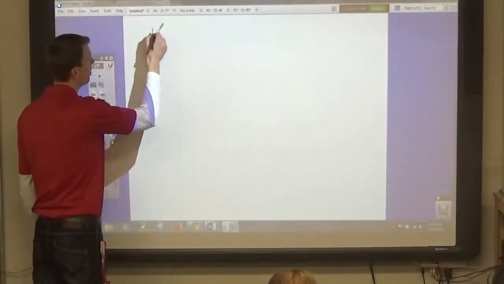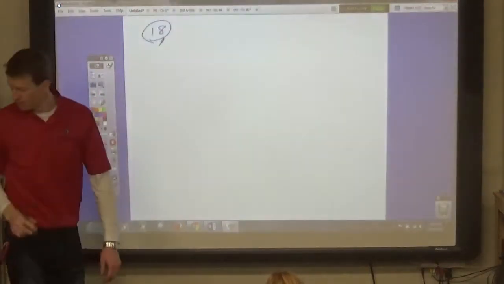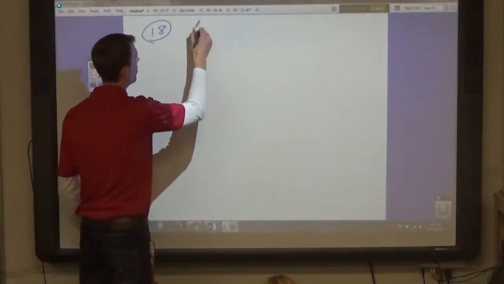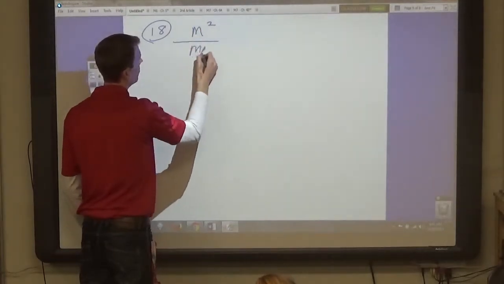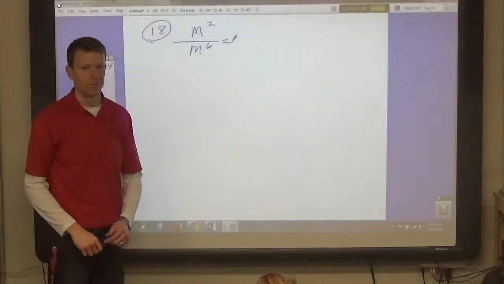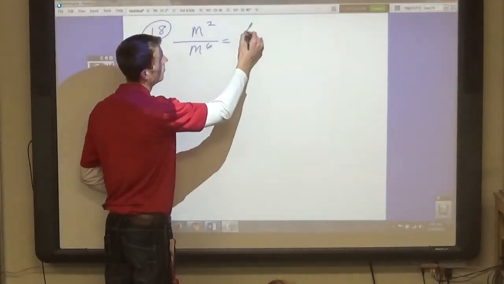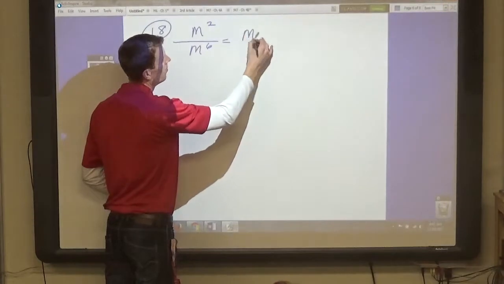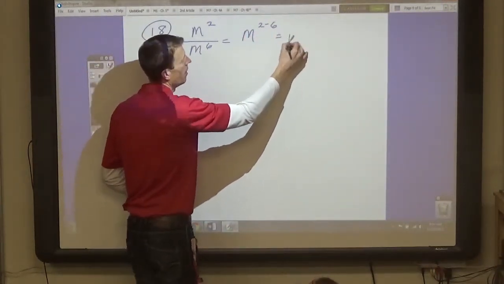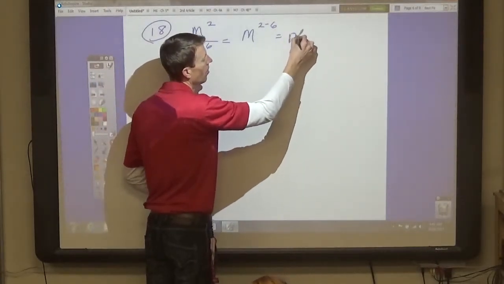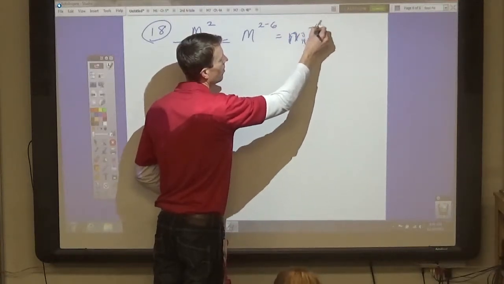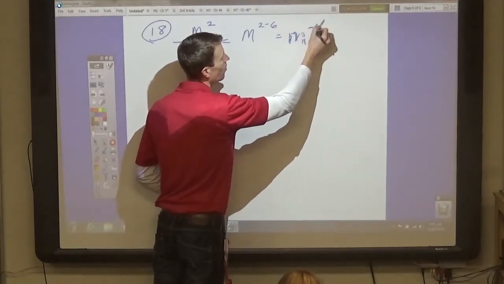Number 18. M squared over m to the 6th equals m to the 2 minus 6, equals m to the negative 4, which also equals what as a fraction?